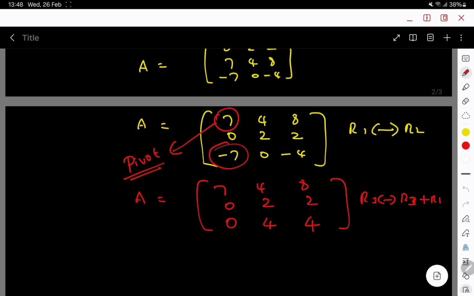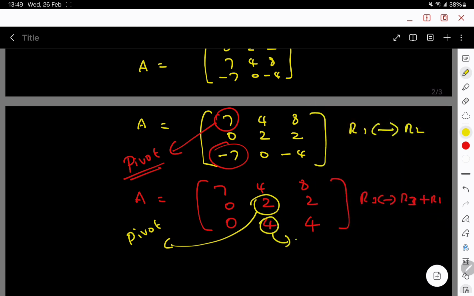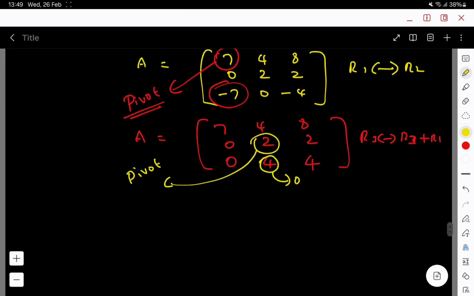Now take the second row. Now this 2 is the pivot element. Using this 2, we change this number 4 into 0 by using row operations. Multiply the second row by 2, it becomes 4. Then subtract from this 4 in the third row, it becomes 0.